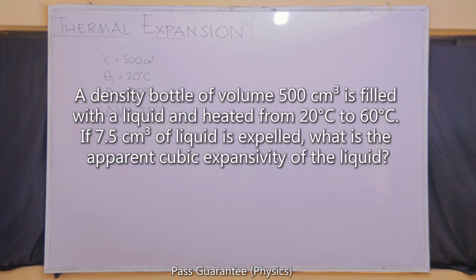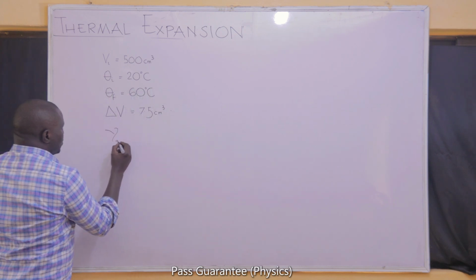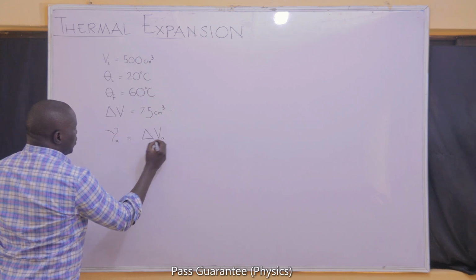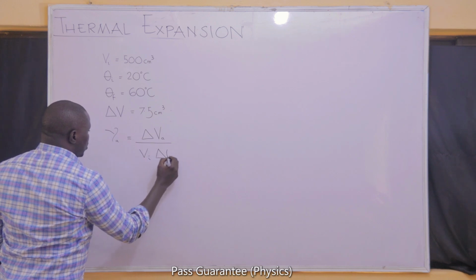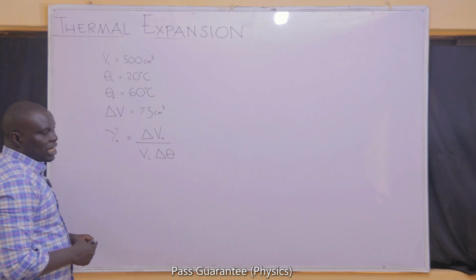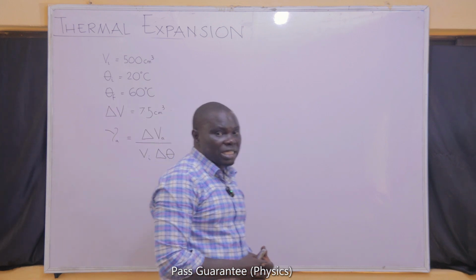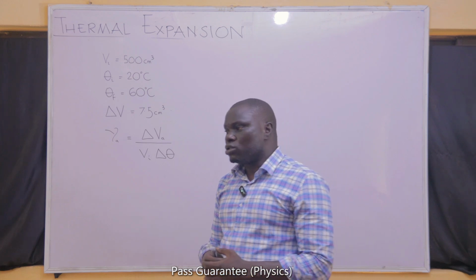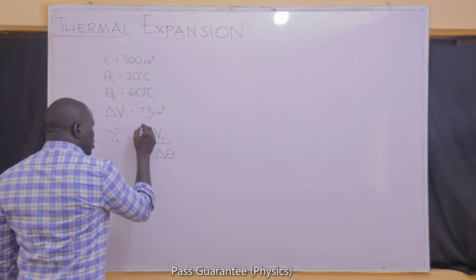The apparent cubic expansivity of the liquid is what? The formula for the apparent cubic expansivity is the apparent change in volume all over the original volume multiplied by the change in temperature. Anytime you place a liquid inside a container and a certain volume of that liquid is expelled, that is what we are going to use as the change in volume of that liquid, the apparent change in volume.